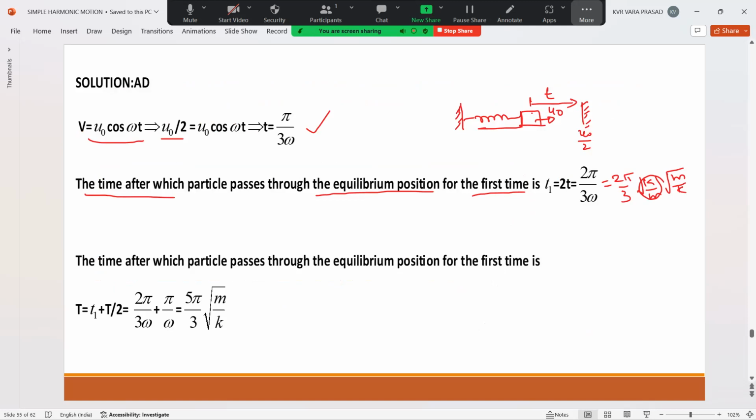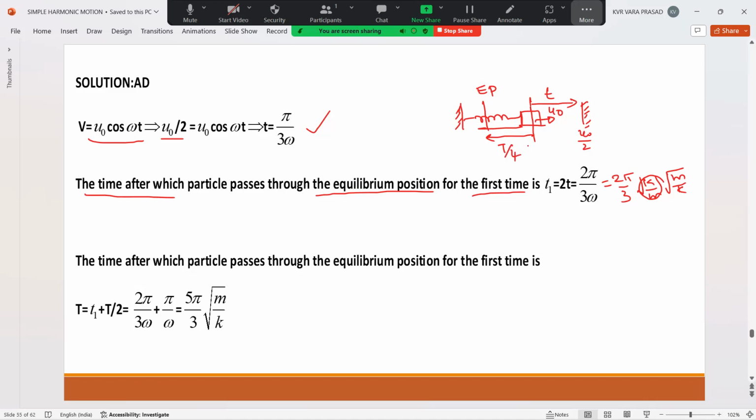After time t1, it comes to the mean position. From the mean position to have maximum compression, it is nothing but the extreme position. To travel from the mean position to the extreme position, the time taken is T by 4.